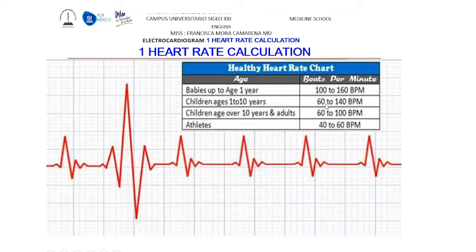One to 10 years, 60 to 144 beats per minute. Over 10 years and adults, we consider 60 to 100 beats per minute. And a condition that is very important to consider is for athletes, who will have a rate from 40 to 60 beats per minute.